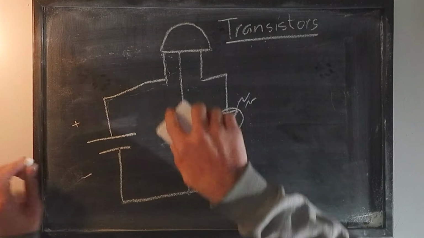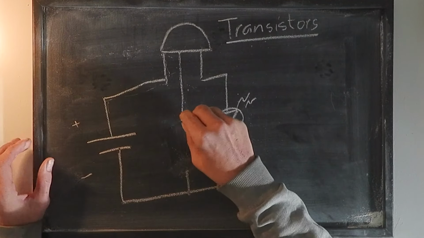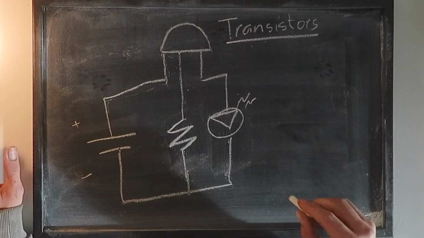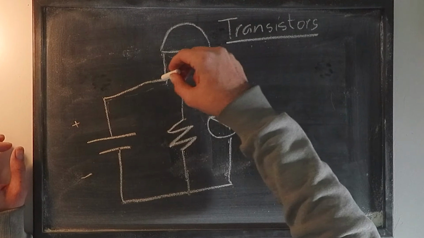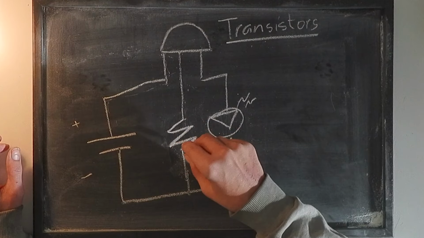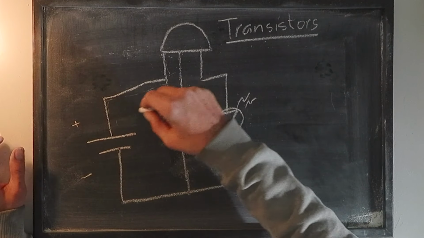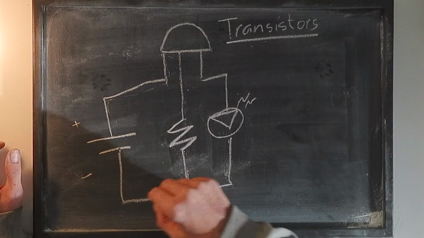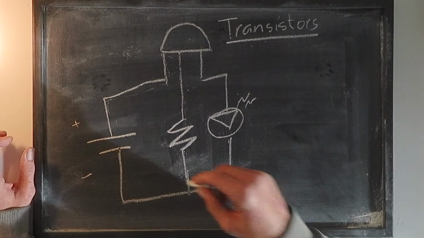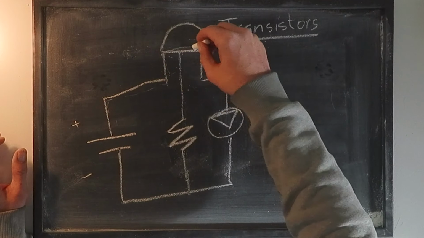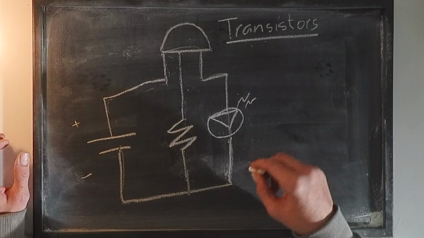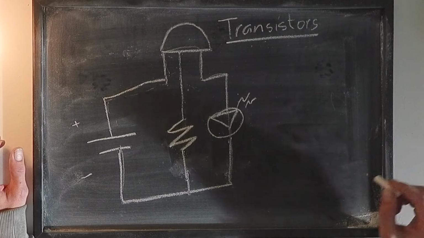So we can fix this by adding a resistor like this, because even though this path contains a resistor, a small amount of electricity will go this way, and this will activate this transistor, which means that the electricity will start flowing like this, and the light will be turned on.